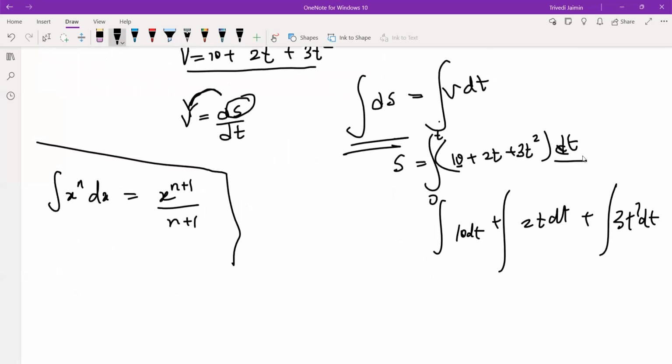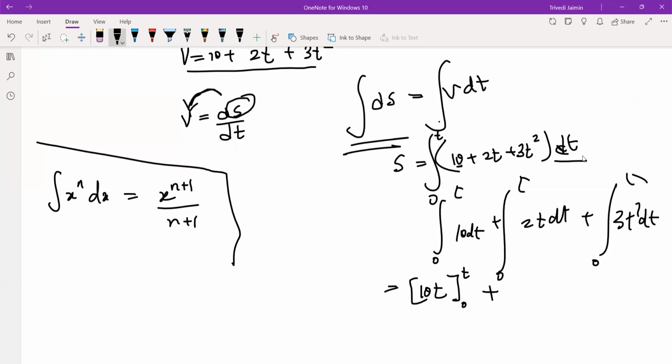So do the first one. It's okay whether right or wrong, but tell me the answer. Is it 10 plus constant? No, it is 10t, with limits 0 to t.